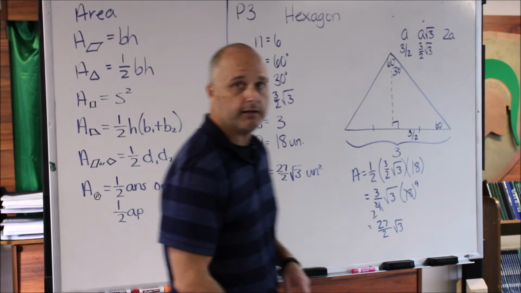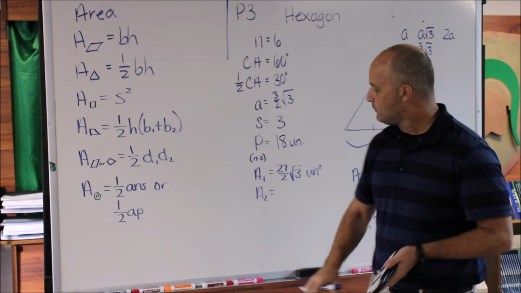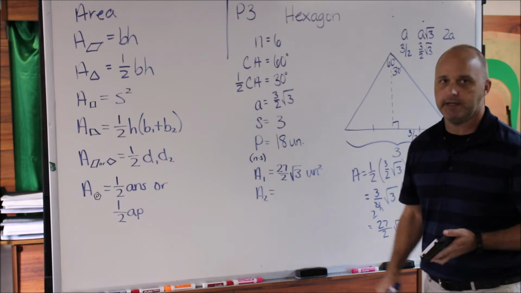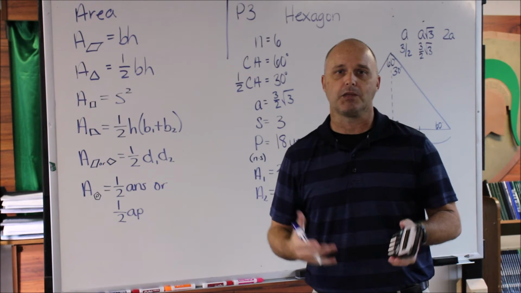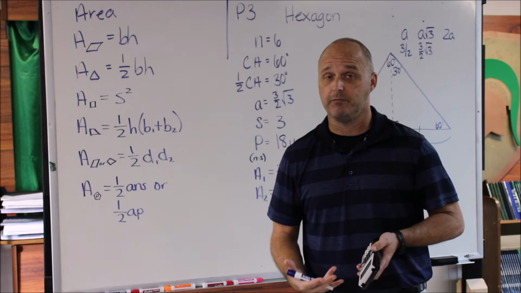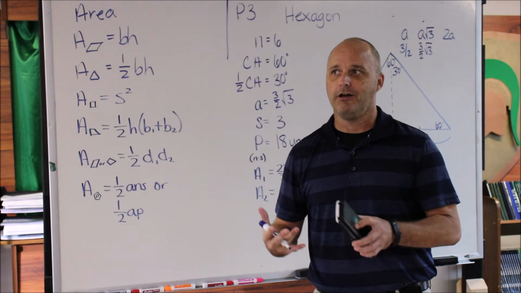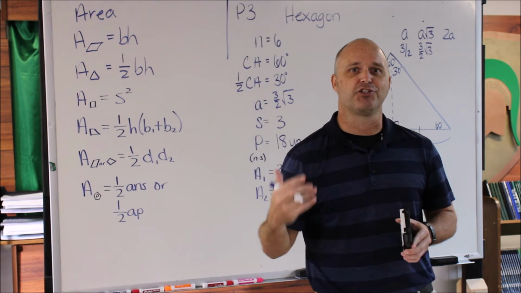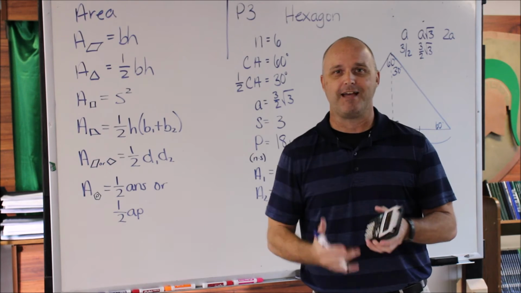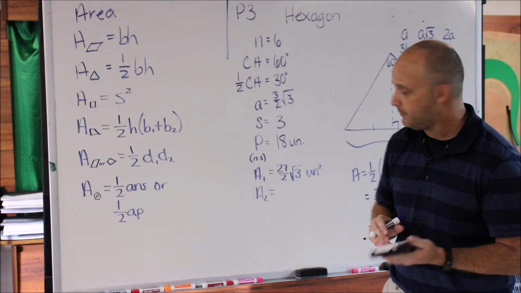Now the second area is when we take out our calculator and we plug in the final solution that we got, the simplest solution that we got. That way we make sure that we get the most accurate decimal that we can get. Because remember, it's going to be an approximation. And anytime that you're using an approximation, you cannot be using an approximation early on in the process, because that means that the final answer is going to get further and further away from the actual true answer.